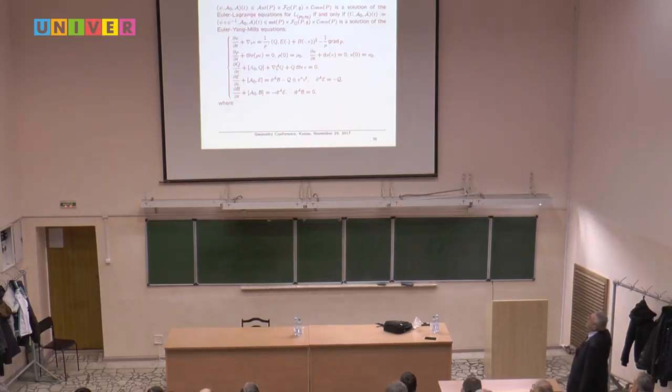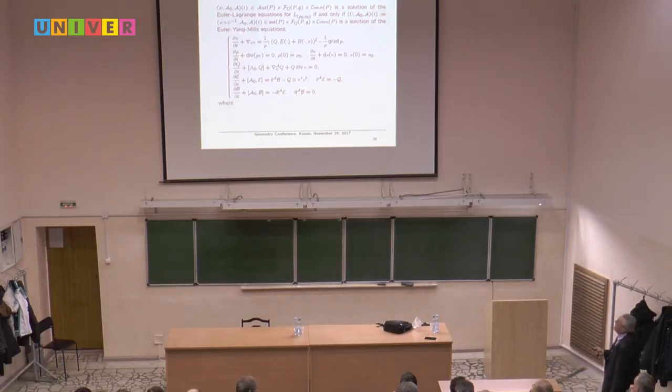Psi, A0 and A, in the automorphism equivariant functions and connections, is a solution of the Euler-Lagrange equations if and only if U, A0 and A, which are given in this fashion, here is the Eulerian velocity and here are the parameters on a tangent bundle, right, is a solution of the Euler-Yang-Mills equations. Now look, this is exactly as you would expect. Here is the fluid, and there is some electromagnetism here that couples through the curvature.